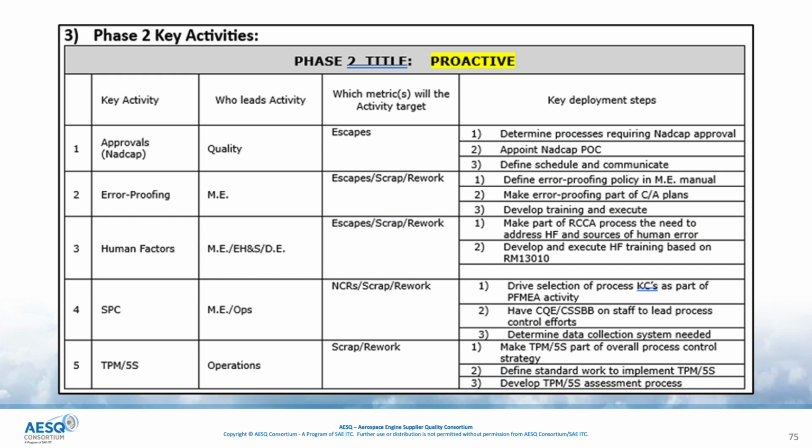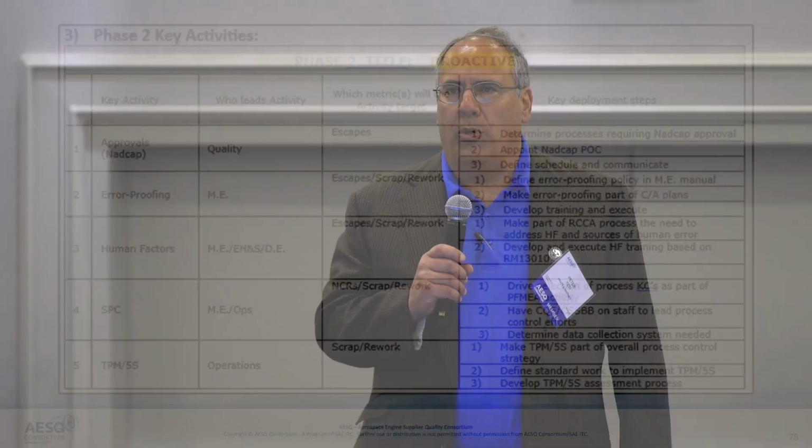So if you miss something, you have access to it. Approvals, error proofing, human factors, SPC, TPM, and 5S. Again, slight variations from table to table, but the core stuff is still there. So no need to go through that anymore.